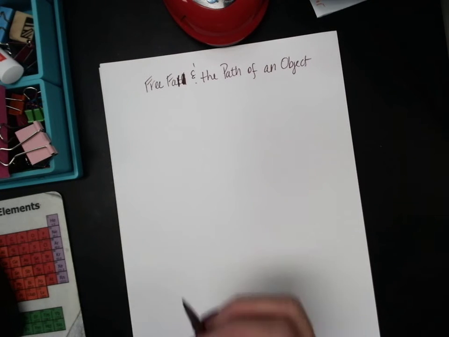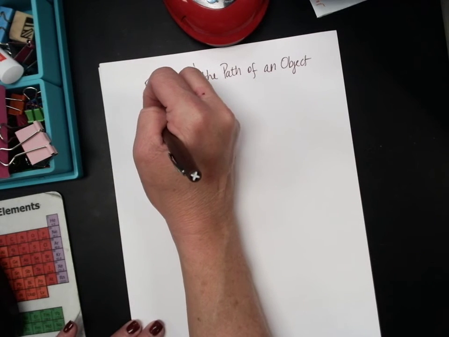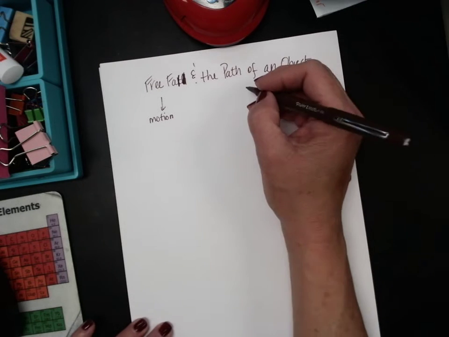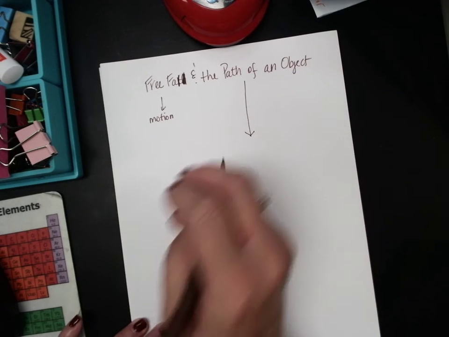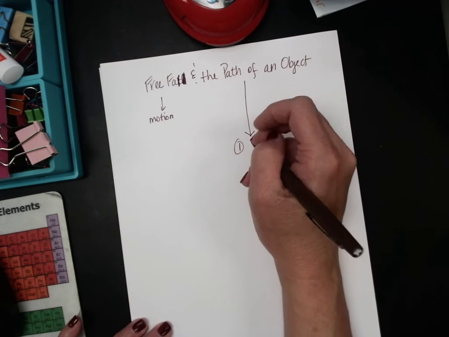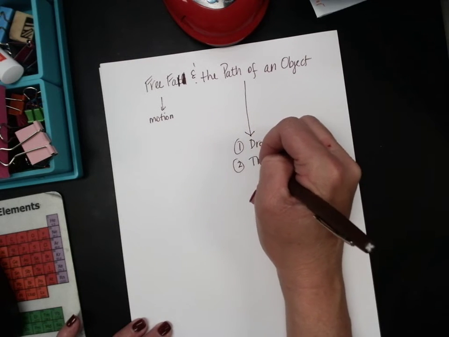Okay, so we know when something's in free fall, it's in motion. It might start from rest. It might start by being thrown. And we have to pay attention to that when we work these problems. But when I look at the path of the object, I have to think about how it is falling. I can really think about dropped or thrown.